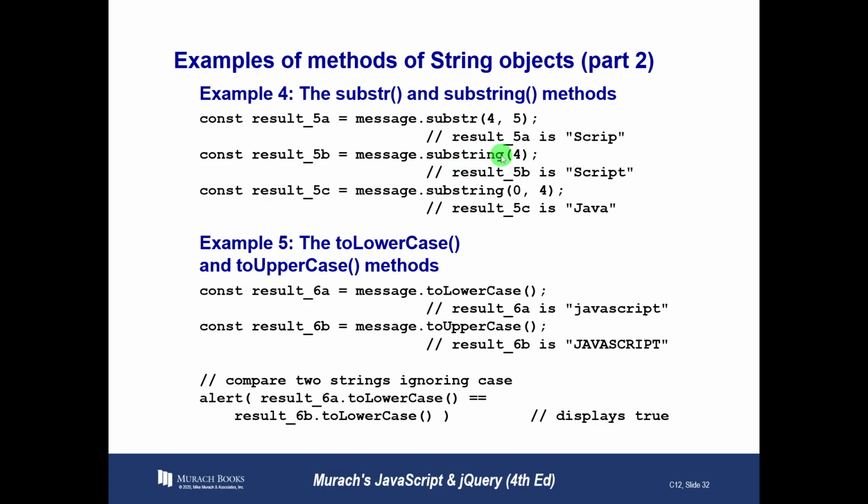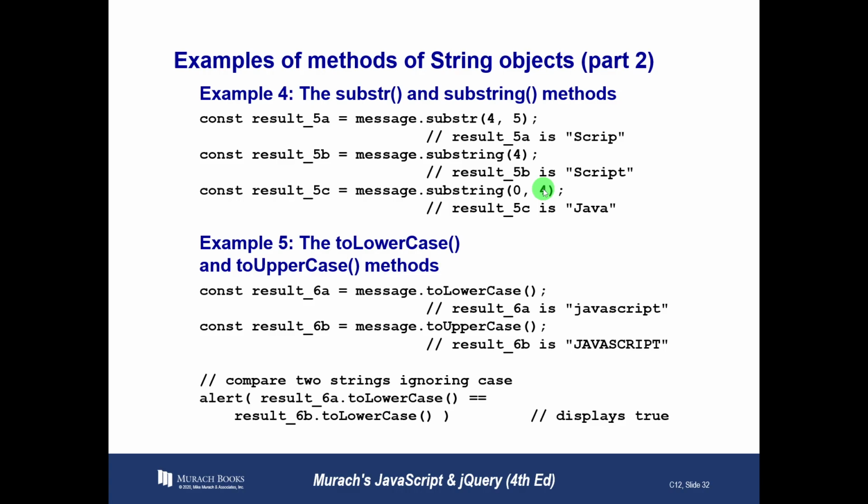If I say message.substring 4, so this is the full spelled out substring, it's going to start at character 4, which was the capital S, and go all the way to the end. So that gives us script. And in this case, we're saying substring 0, 4. It's going to start at position 0 and stop at position 4.